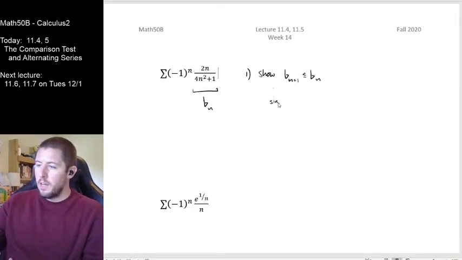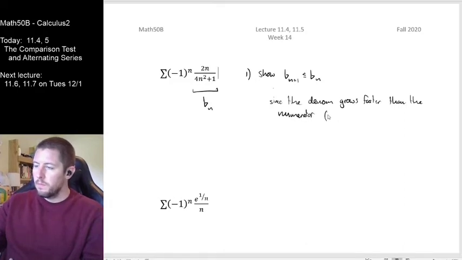So I'm just going to say here, since the denominator grows faster than the numerator, n squared versus n, this is a decreasing sequence.